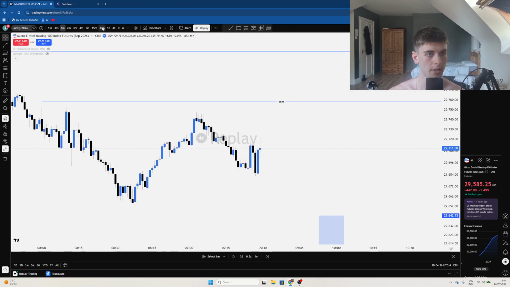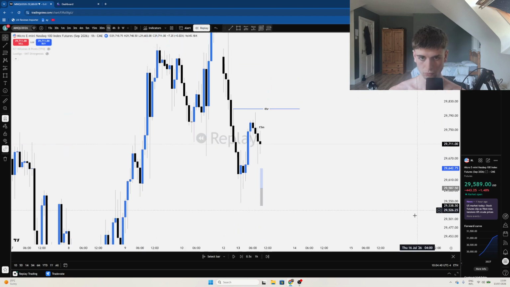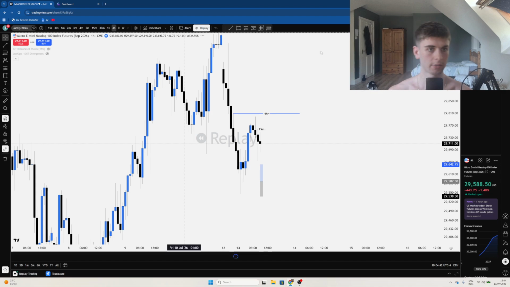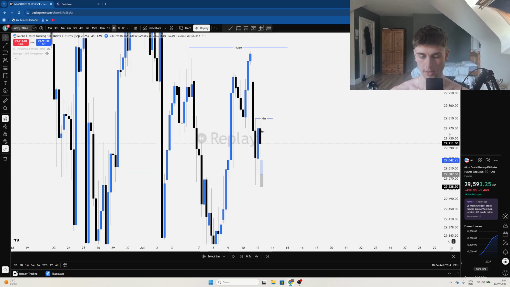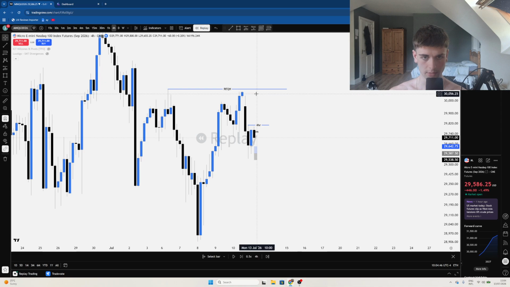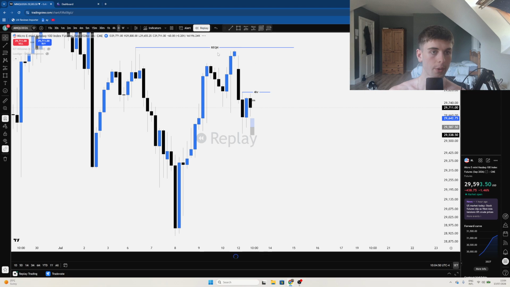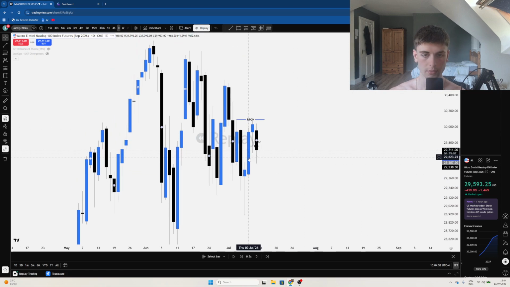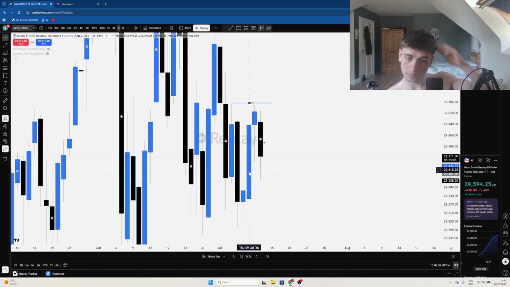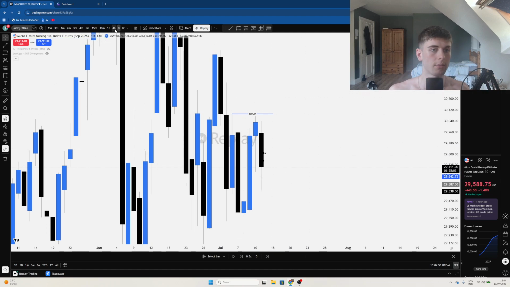Anyways, I'm going to get into my bias. I had a bullish bias, slightly leaning bullish today, as we had these relative equal highs. They're far away, but we were delivering from this daily gap.